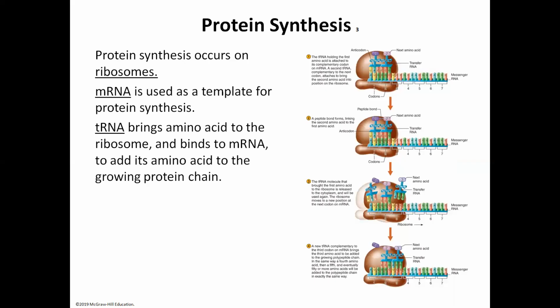And so when we think about protein synthesis, it actually occurs on the ribosomes in the nucleus. The mRNA is the template for protein synthesis, and that tRNA brings the amino acid to the ribosome, binds it to the mRNA, and allows this amino acid chain to continue to grow.